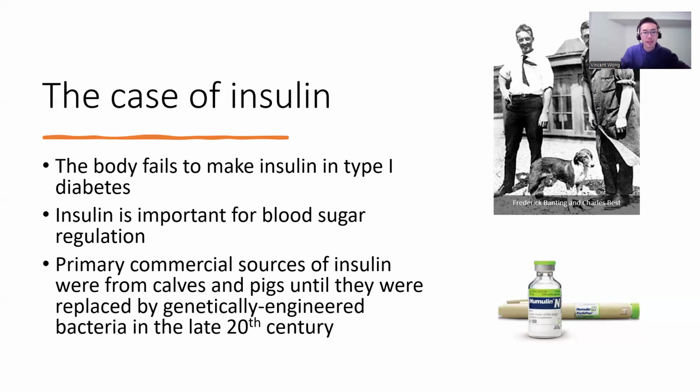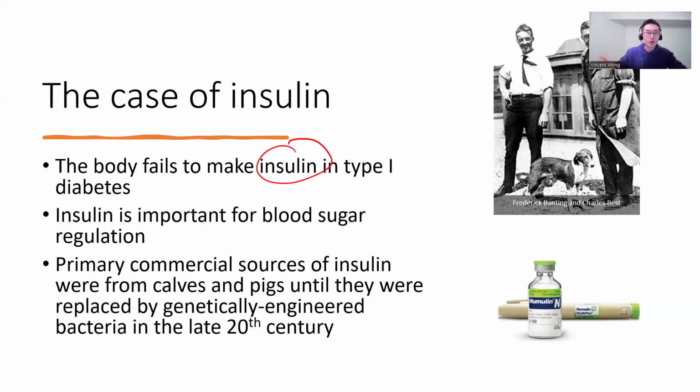Amongst other things, it makes this hormone called insulin. And in type 1 diabetes, which is sometimes called juvenile diabetes, you'll learn about this next semester, people do not make insulin anymore.